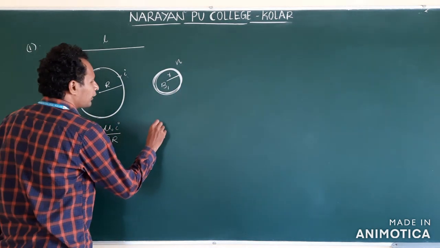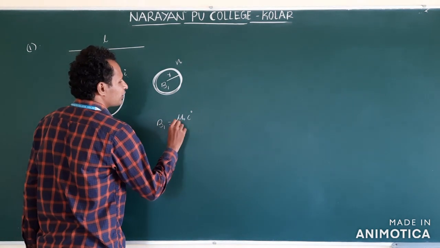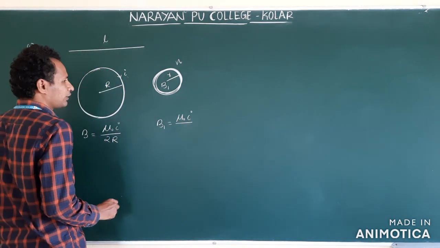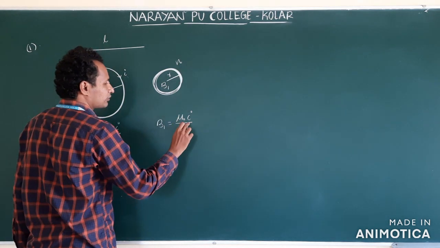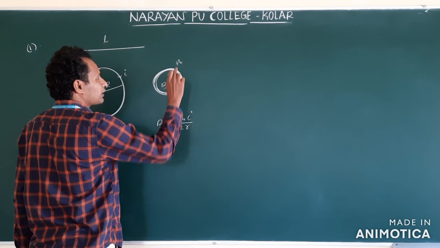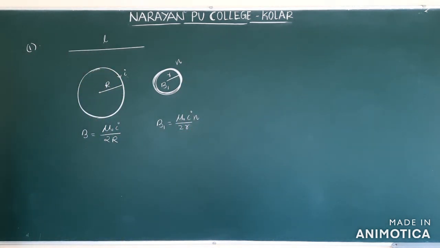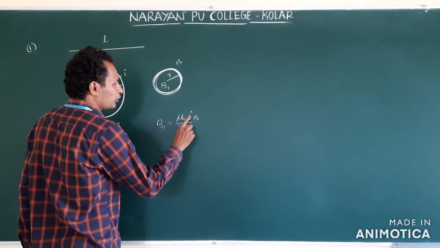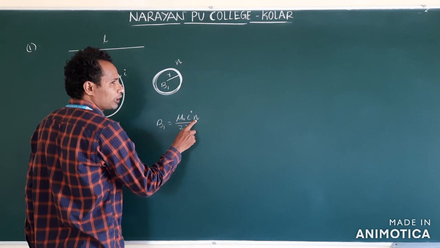Now B1, how can we write? B1 is equal to mu naught I by 2R, the current remains in the coil. But how many turns are there? Small n. For a single circle, single coil, the magnetic field formula is mu naught I by 2R. N number of turns are there, so we multiply with n.